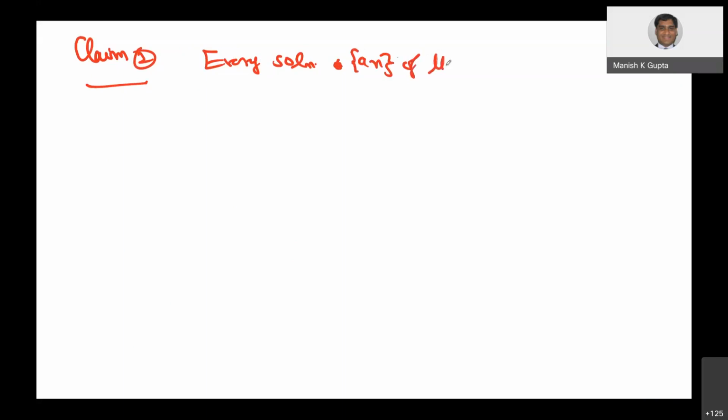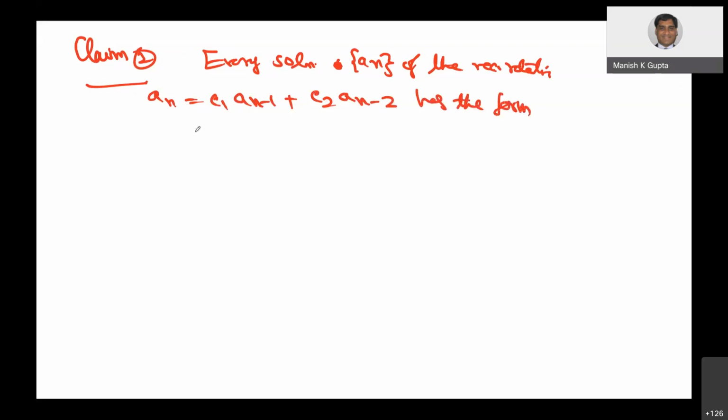Second part, I'll call it claim 2: every solution an of the recurrence relation an is equal to c1 an minus 1 plus c2 an minus 2 has the form an is equal to alpha 1 r1 raised to power n plus alpha 2 r2 raised to power n, where of course n is 0, 1, 2 and so on.